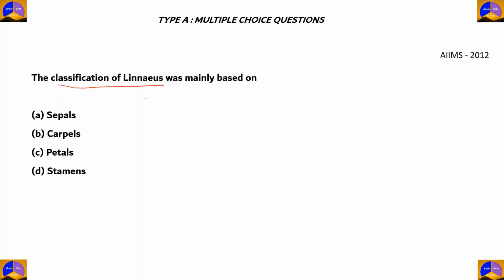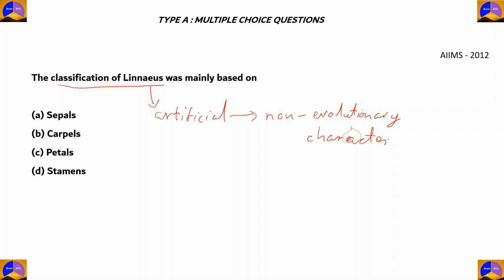Now, Linnaeus's classification was artificial and it had non-evolutionary characters. Therefore, it only used physical objects present in the plant, the physical differences present in the plant.